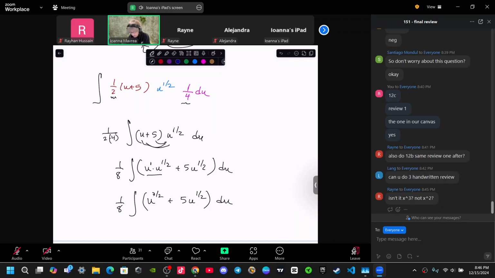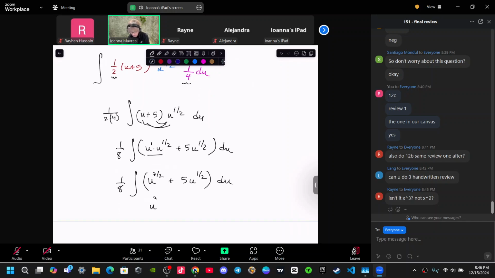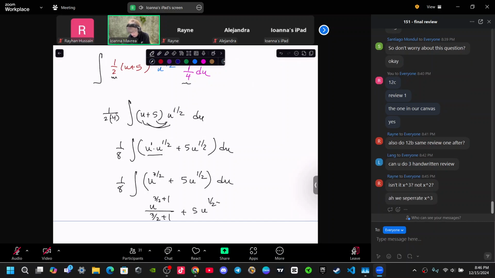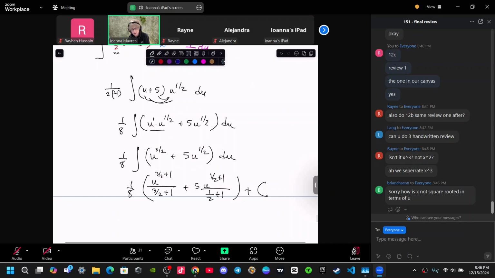And now you can integrate very slowly. So u to 1 higher power divided by the higher power, plus 5u to 1 higher power divided by the higher power. Please don't simplify, but do put the plus c and now go back to x's.